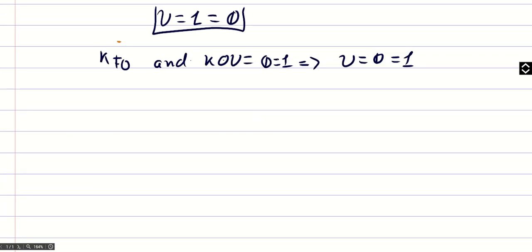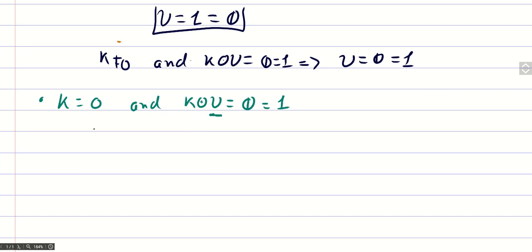The next is to show what happens if k is equal to 0. So if k is equal to 0 and k times u is equal to the zero vector, which we know is equal to 1, then what happens with u?